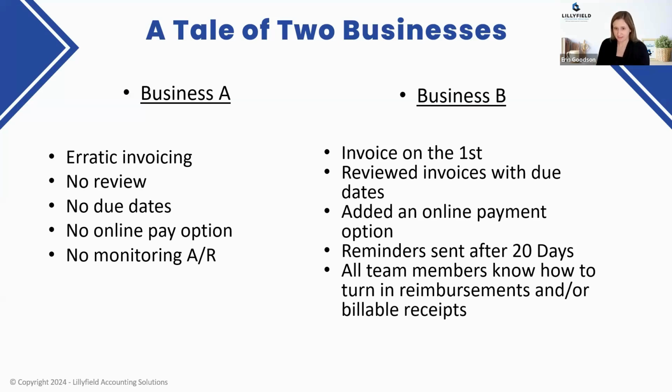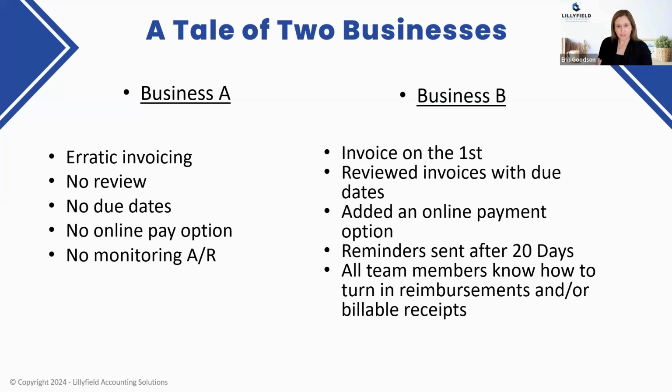So that's business A. Let's take a look at business B. So in business B, we have a set invoicing standard. Invoices are always going to go out on the first of the month. Those invoices go through a review process, and included on the invoice is a due date that customers can clearly see.